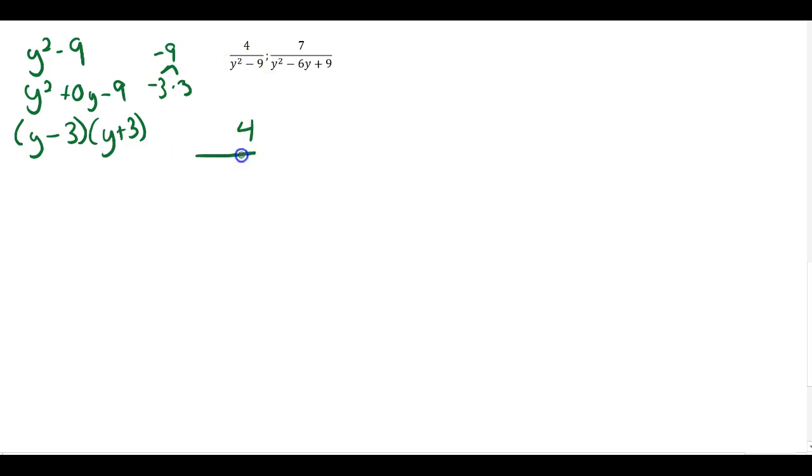Let me go ahead and rewrite it as y minus 3, y plus 3. Then I'm going to come over here and look at the y squared minus 6y plus 9. So I need factors of a positive 9 that add to give me a negative 6. Well, positive 9 is either going to be positive 3 times positive 3 or negative 3 times a negative 3.